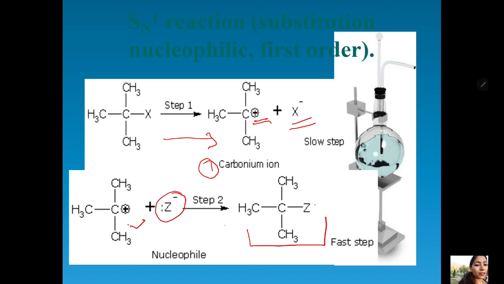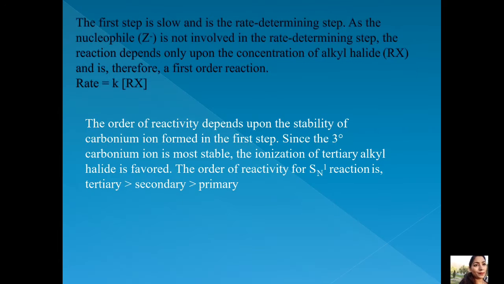This is a very fast step. So the SN1 reaction is a two-step reaction, and only one reagent is required. This is a nucleophilic substitution reaction, and it is a first order reaction. The first step is slow and it is the rate determining step.